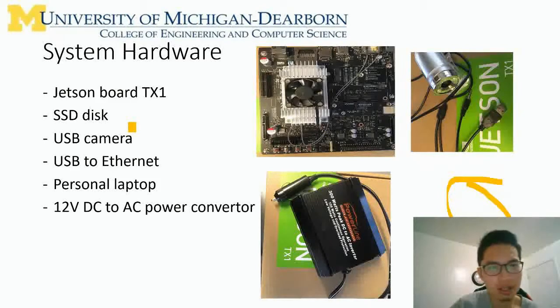I use a USB camera instead of the original one for more angle and position options, and I use a USB to Ethernet converter to connect to my personal laptop. Because I'm doing in-car real-time detection, I use a 12-volt DC to AC power converter to supply power to my TX1.